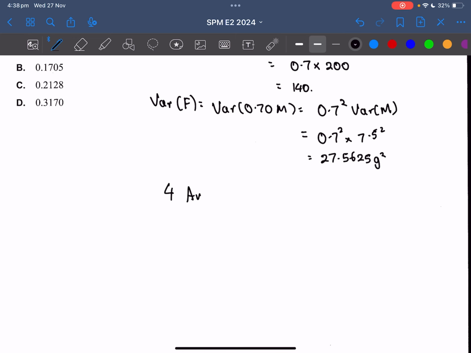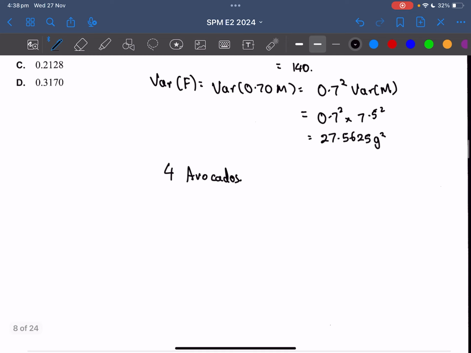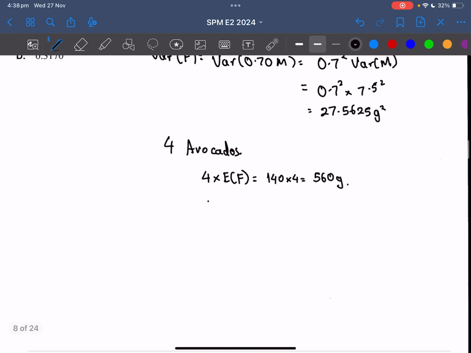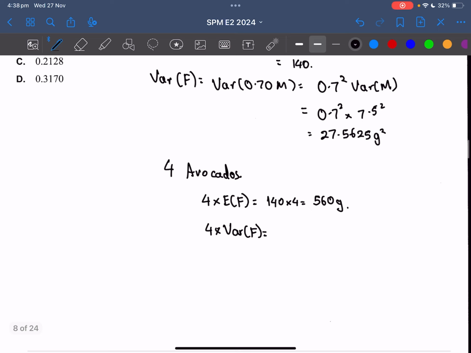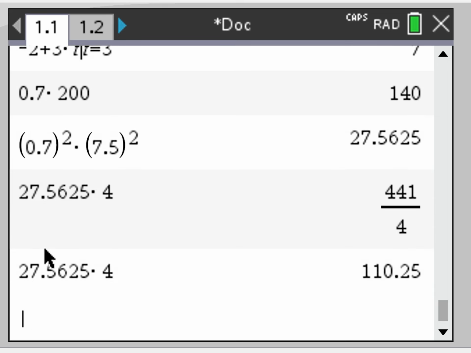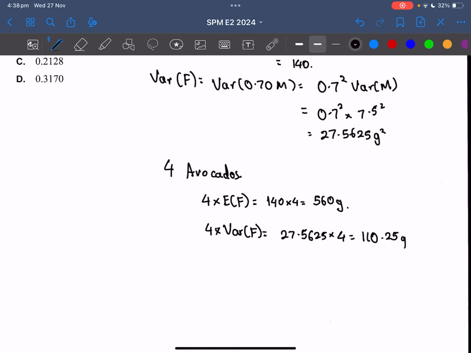Now we have to remember that there are 4 avocados, right? So that means we have to multiply the mean by 4. We'll get 140 times 4, which is 560 grams. Then we'll have 4 times the variance as well, 27.5625 times 4, which gives 110.25 grams squared.